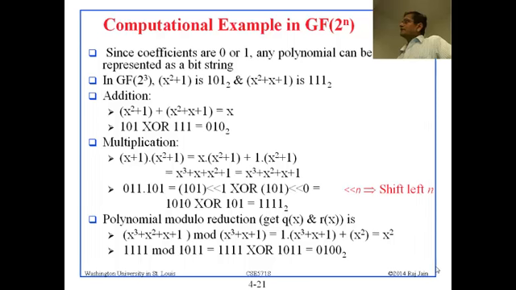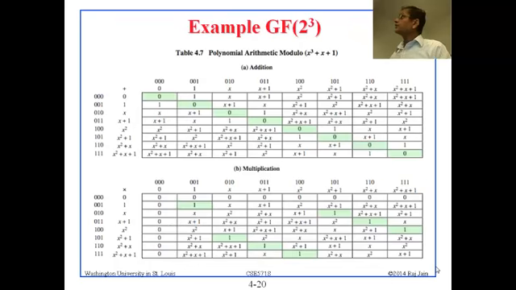So here the maximum power of the polynomials would be x squared, because the power is 3 here. In 2 raised to 3, the maximum power of the polynomial is x squared. Even when you multiply x squared by x squared, the power comes down. Okay? So let's take a simple example here.